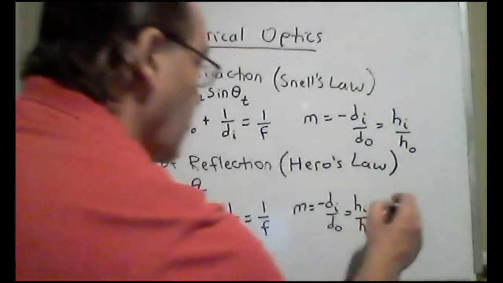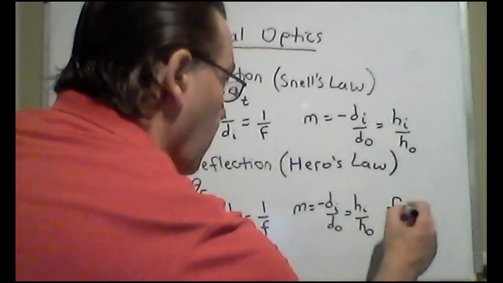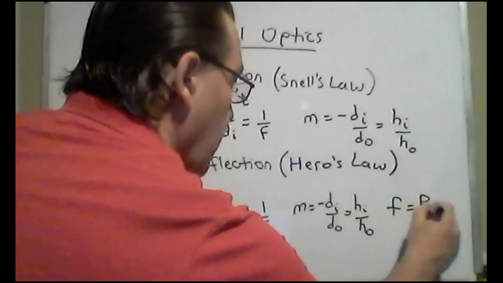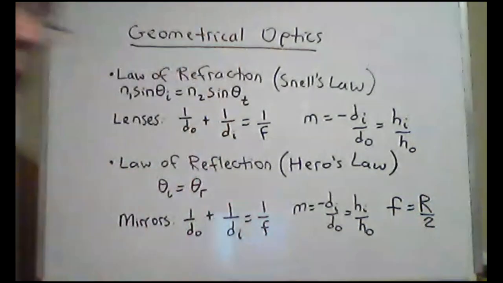The focal length is related to the radius of curvature of the mirror: 1/2 the radius of curvature. That's only true for mirrors. So that's where we stand. We have applied the law of refraction and the law of reflection. We have talked about them, discussed them, applied them to major parts of our technology, including lenses and mirrors.